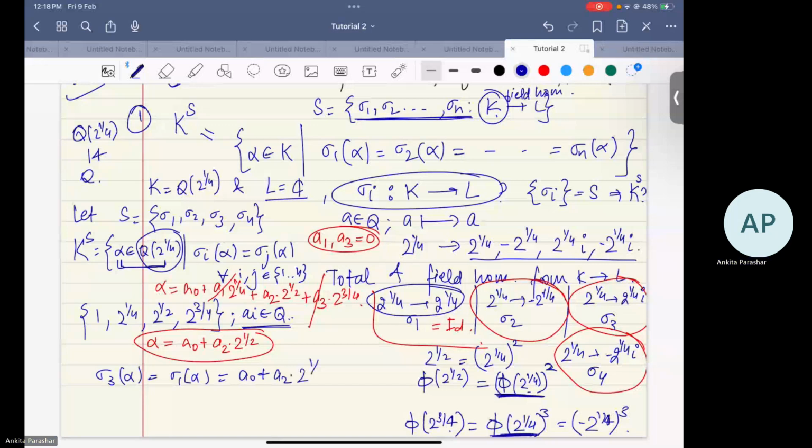Now, let me apply sigma 3 to alpha and equate it to alpha, which is A0 plus A2 root 3. A0 will go to A0, root 3 goes under sigma 3 to minus root 3, right? So A0 minus A2 root 3, same as A0 plus A2 root 3. A0 cancels, so A2 root 3 is 0.